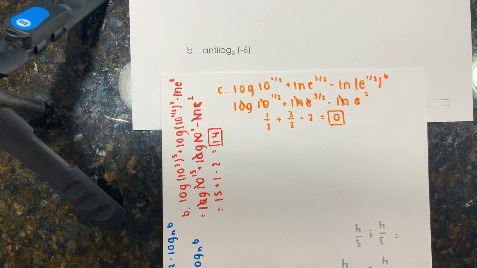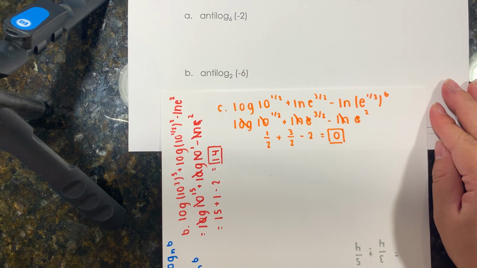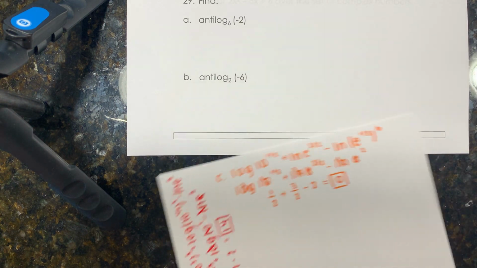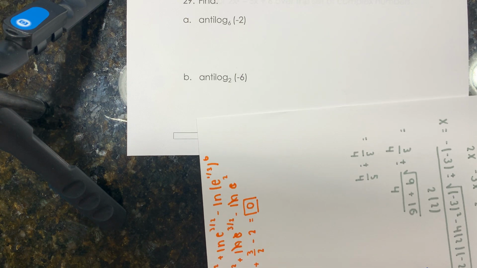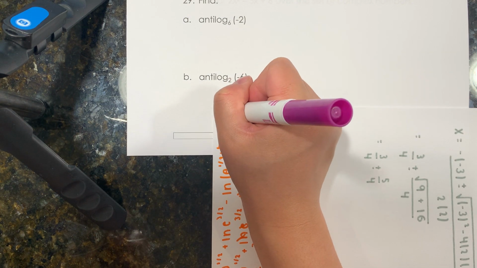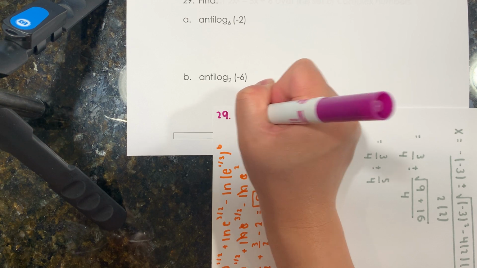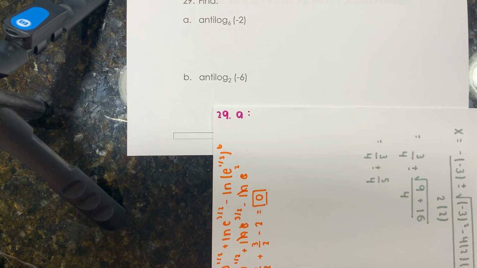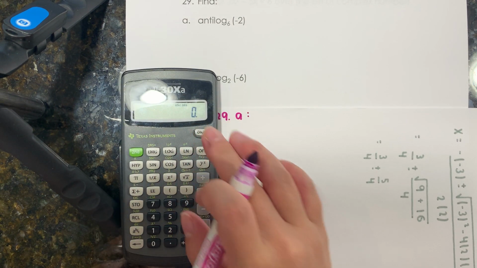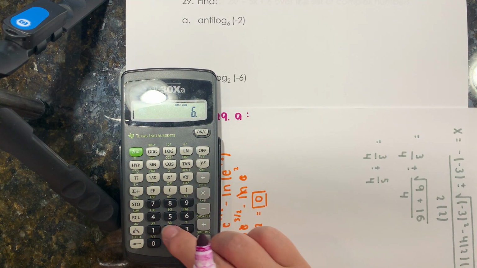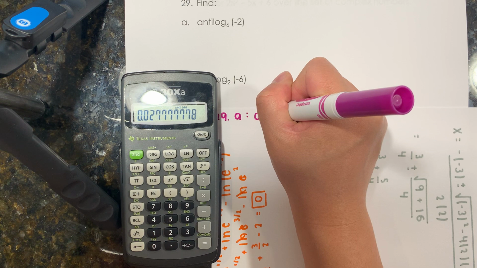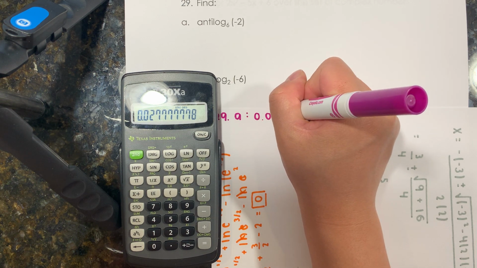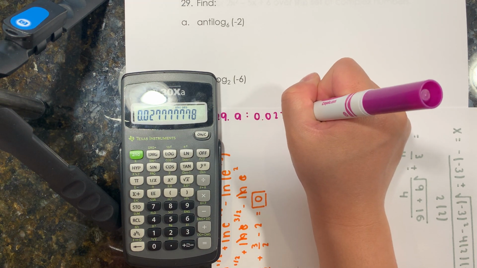Number 29 is just going to require you to have a calculator with you. So for 29a, all we're doing is we're evaluating 6 to the power of -2. So 6 to the power of -2 would be 0.0278.